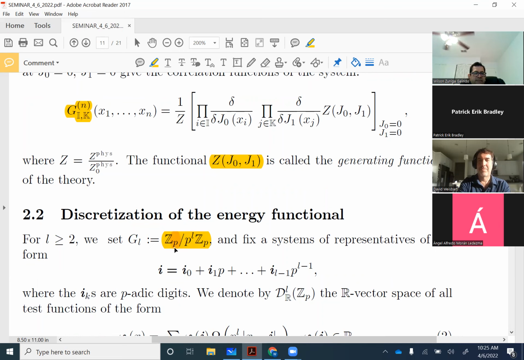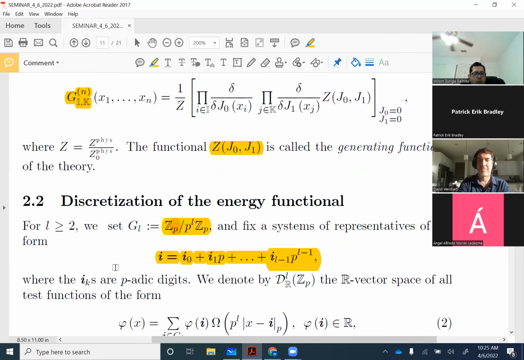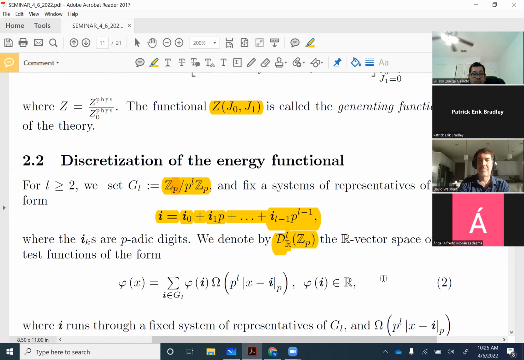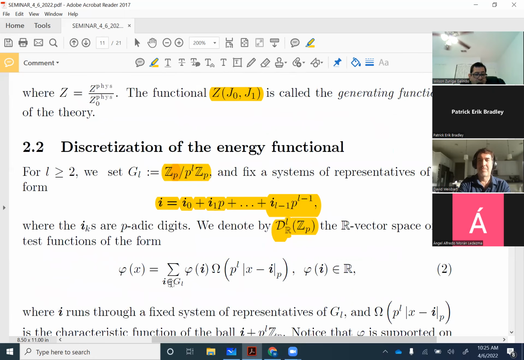It is an additive quotient group. This is a system of representatives of the elements of GL. Now I'm going to introduce this subspace. This is the R vector space of all test functions of this form. This is a finite sum. I runs through this finite group.